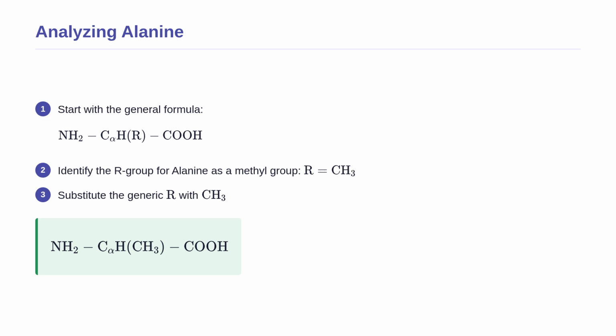We begin by writing out the general amino acid formula once again. Then, we substitute the generic R group placeholder with the specific methyl group. This gives us the complete structure of alanine. Understanding this slightly larger molecule helps us understand the vast majority of other amino acids that share this asymmetrical property.